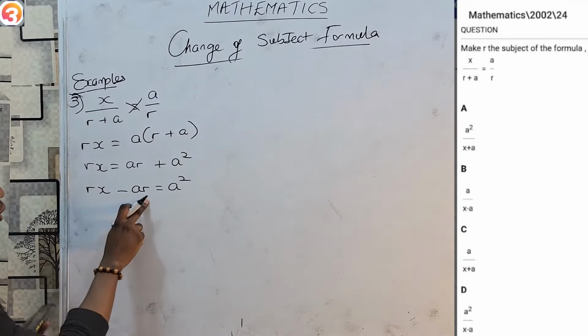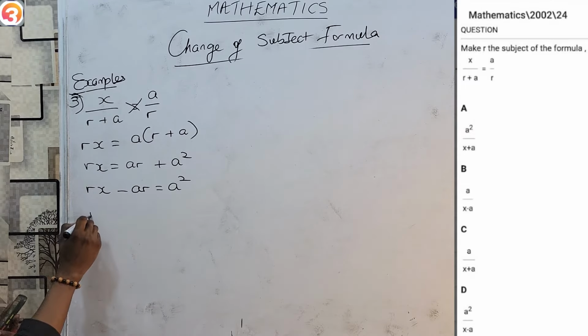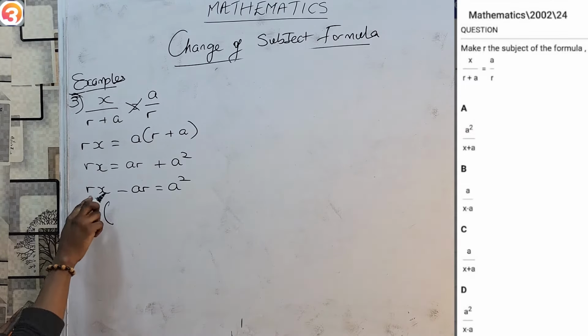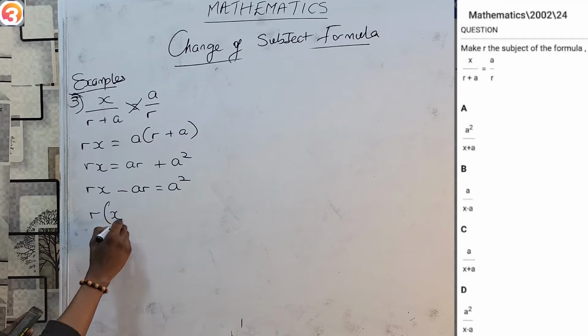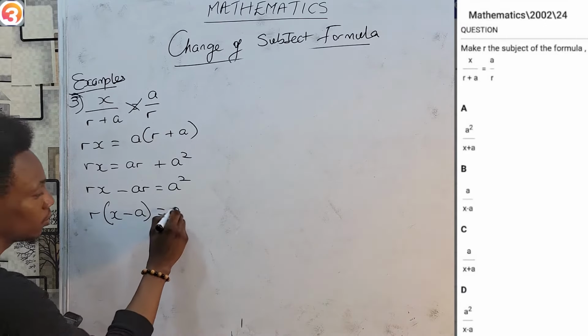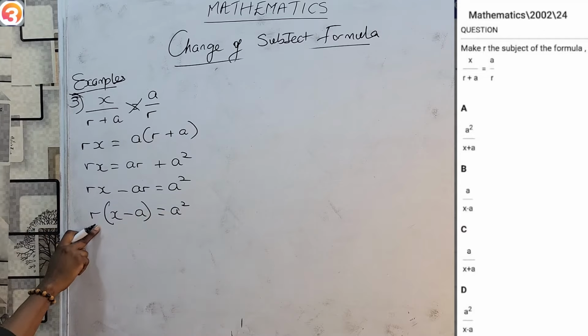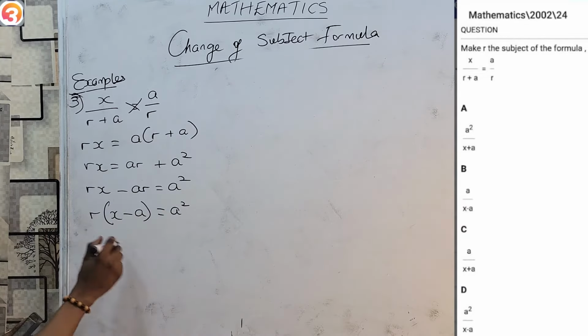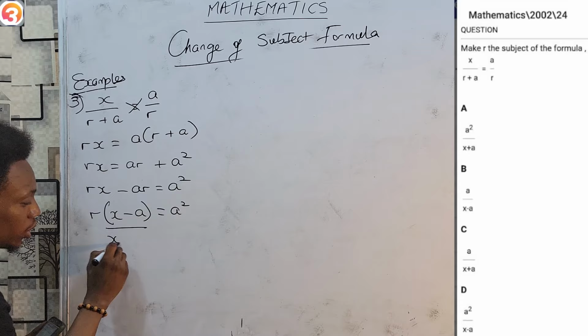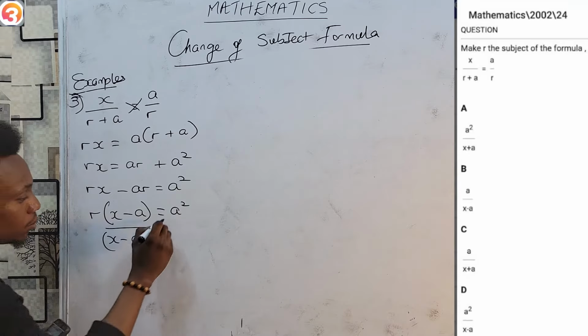Now that I have r and r, I can group them together by factorizing. r comes out, r leaves r x, just x is there. r leaves a r, just a is there. Then now that I have r and this bracket, how do you get rid of your bracket? Divide both sides by whatever is in the bracket.